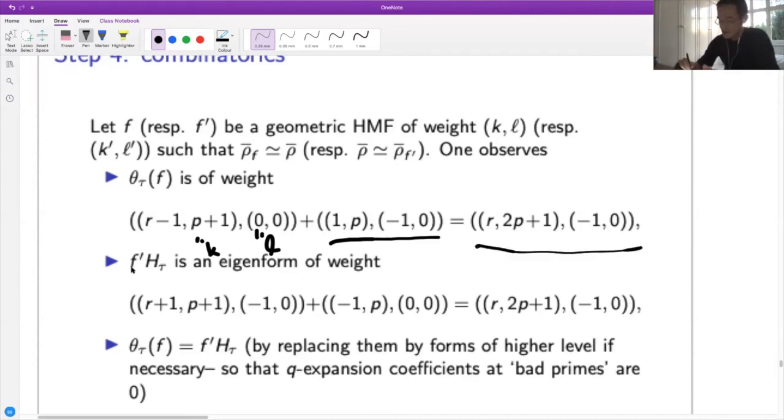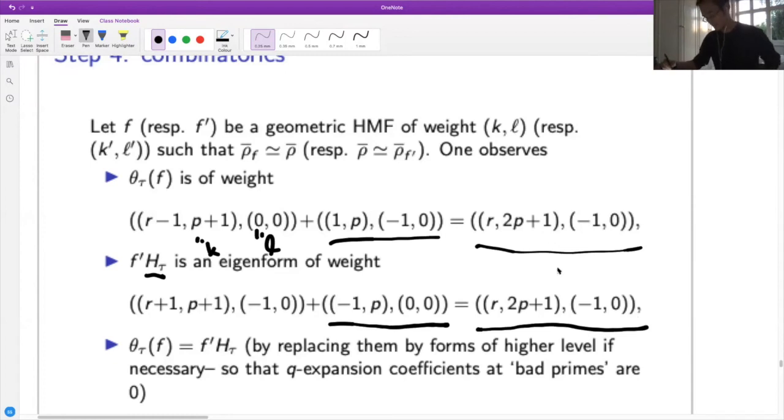On the other hand, given the second geometric Hilbert modular form I've got, I'm going to multiply that by the Hasse invariant at tau. The multiplication would give me this increment in weight, and the sum of that would give me that. So magically, well, it turns out, not magically, these two sets of numbers match up.